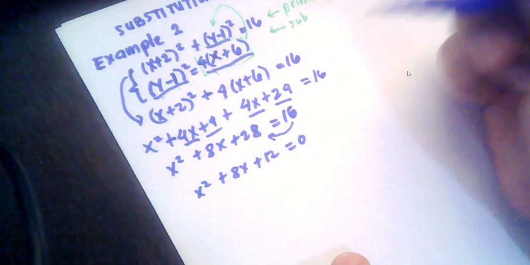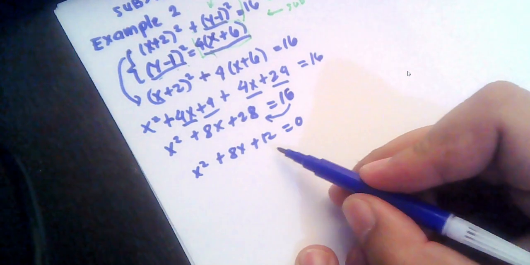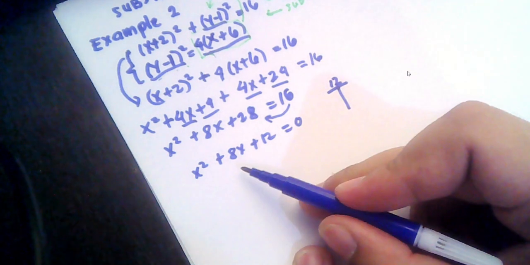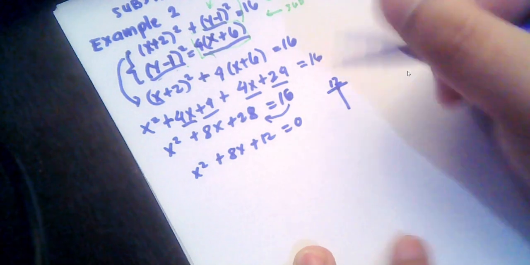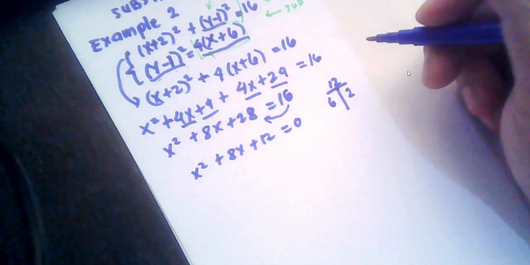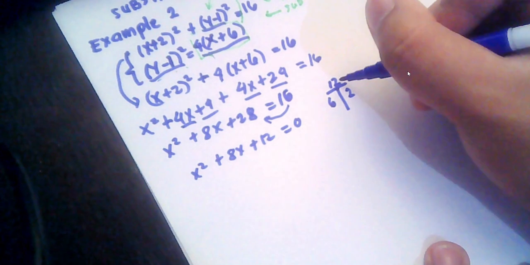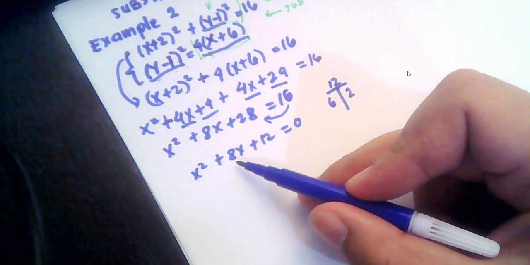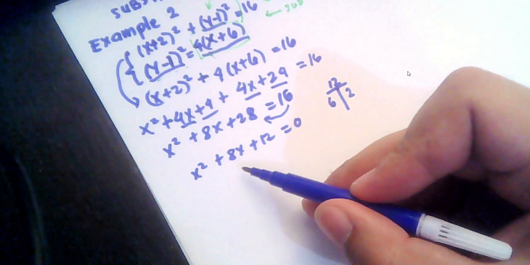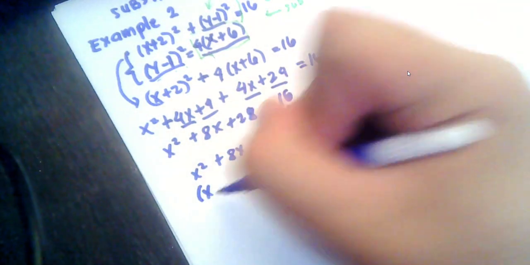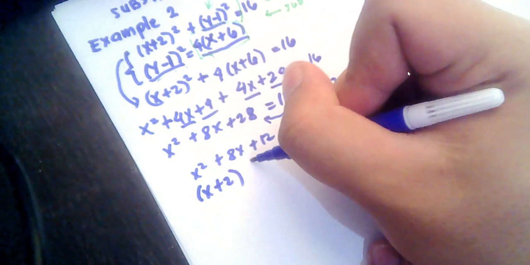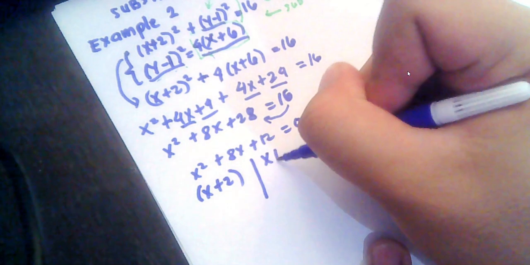Okay. What are the factors of 12 such that it becomes 8? That would be 6 times 2. 6 times 2 is equal to 12. How about becomes 8? 6 plus 2, that is 8. So the factors are x plus 2 and x plus 6.